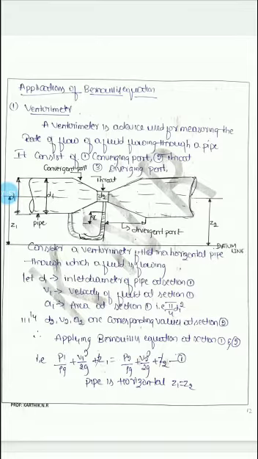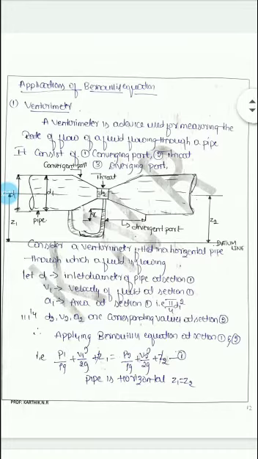Since it is a horizontal section, Z1 and Z2 are heights measured from the datum line. We apply Bernoulli's equation at section 1 and section 2. The Bernoulli's equation says the pressure head, kinetic head and datum head at section 1 are equal to those at section 2.